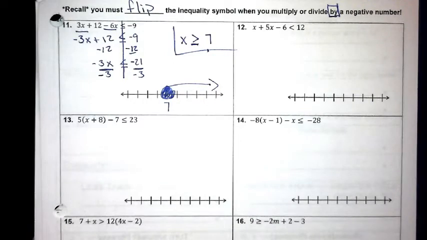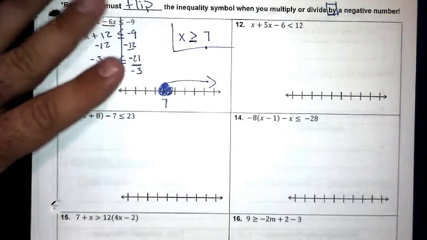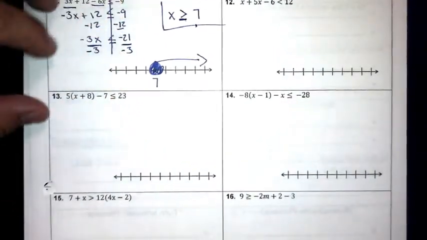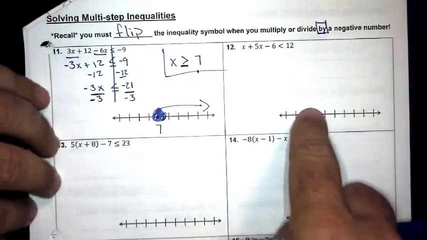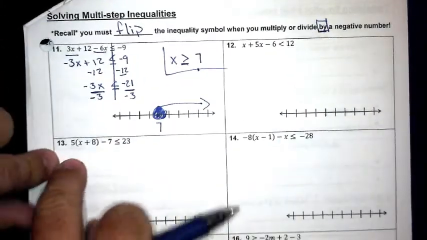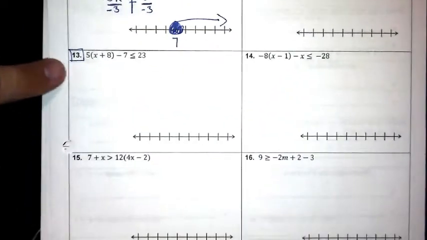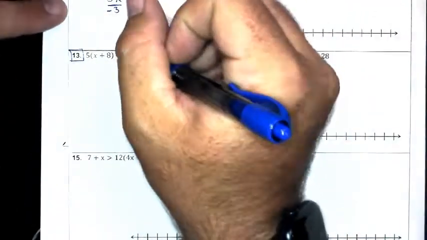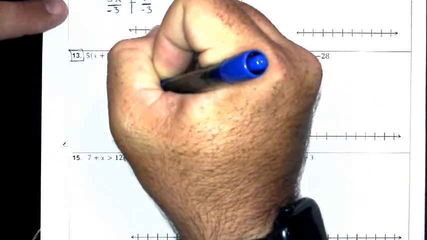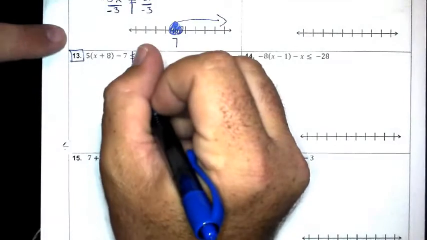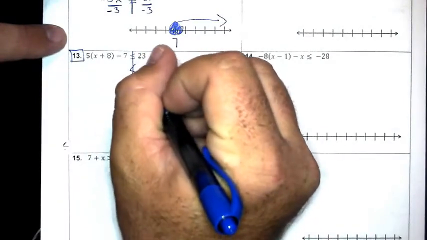All right, we're going to skip 12. We're going to go to number 13. Which one are we working on? 13. Just making sure you're alive. Just like the last problem, there's nothing to really do on the right-hand side, so I'm just going to make a note that that's already done. Left-hand side, however, do I need to distribute and or combine like terms? Yes.